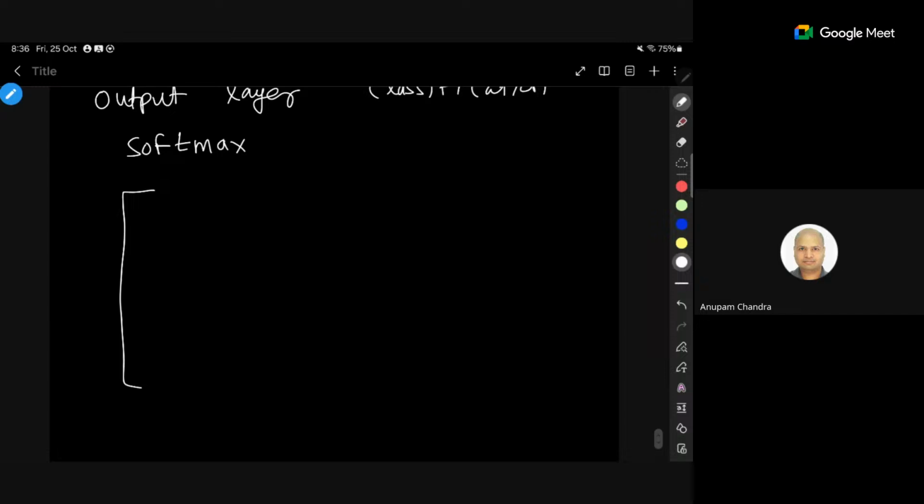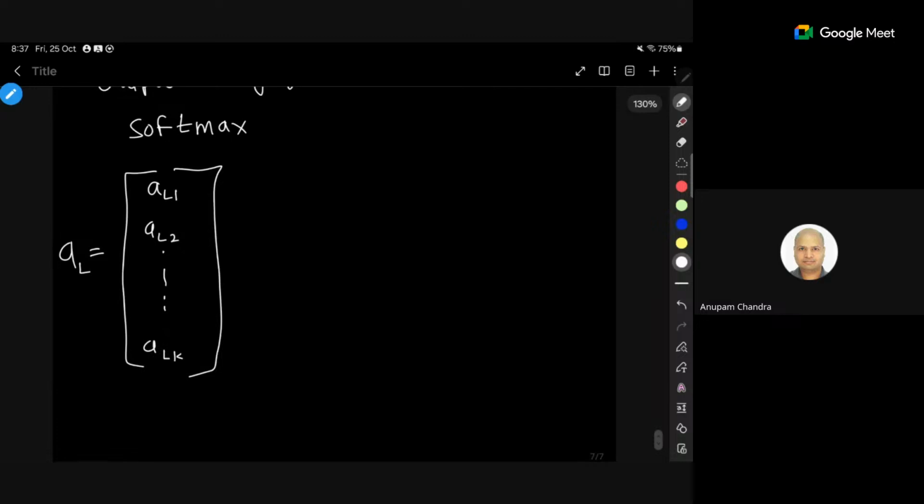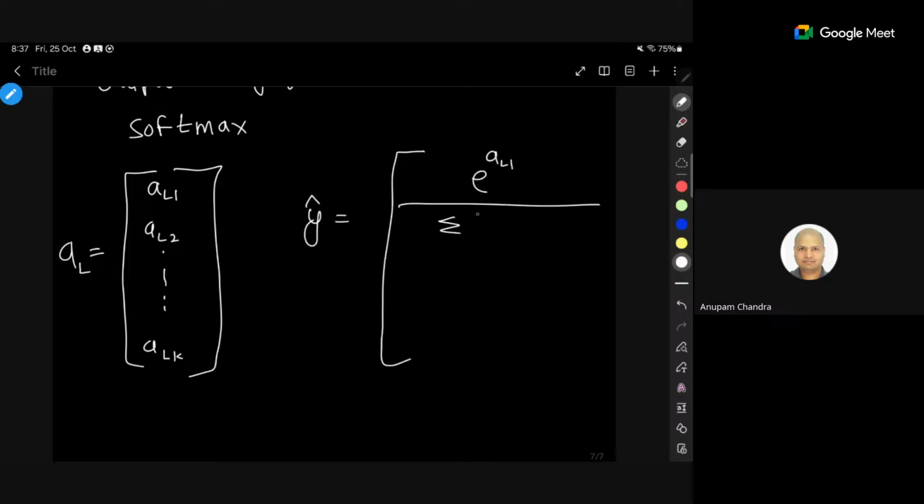Let's say the output pre-activation layer is AL. Let's say we get AL1, AL2, and up to ALK. Then on that you will apply a softmax layer and get predictions. That is e power AL1 divided by the summation of all of them: e power AL1, e power AL2, and so on, up to e power ALK.